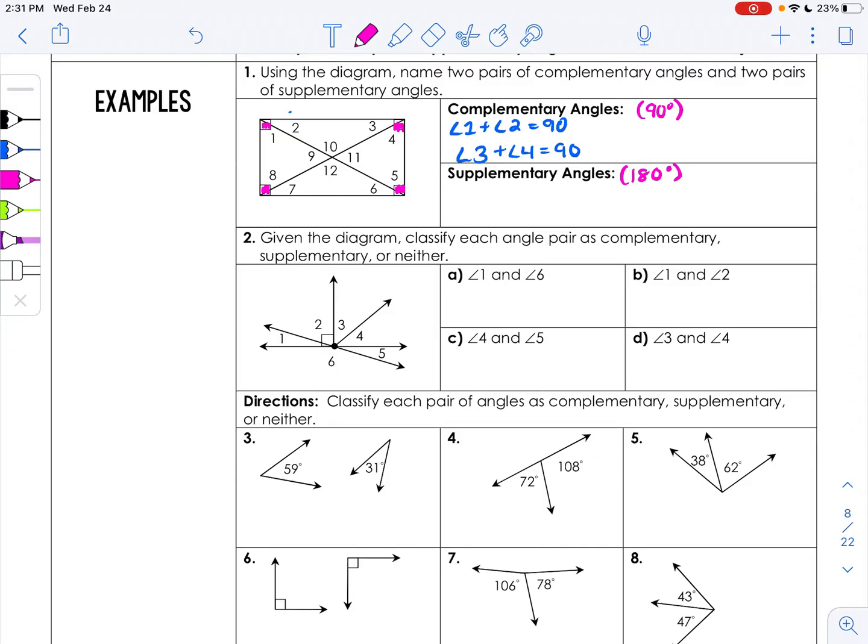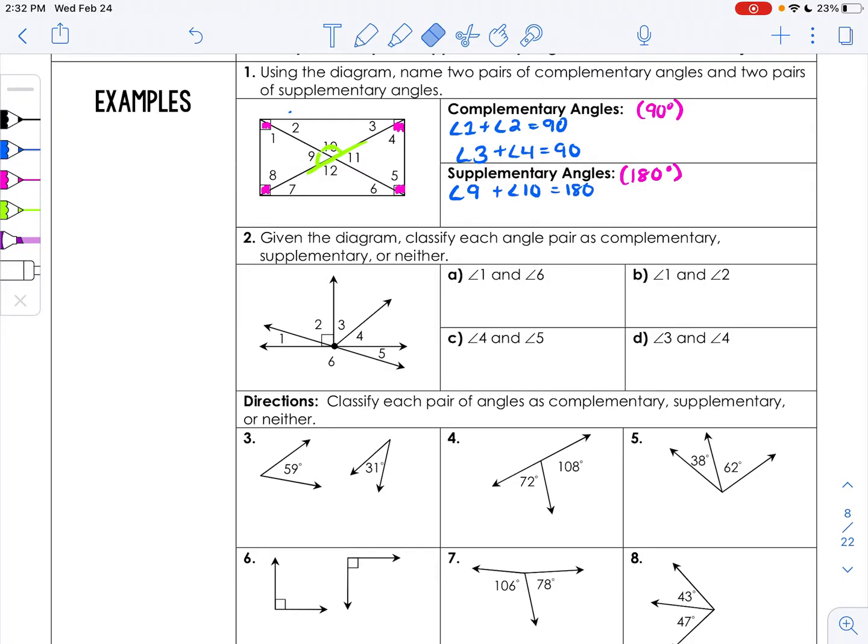So taking a look at your diagram, angle 9, if we draw our arc, and angle 10, if we draw an arc there, you can see it makes a half circle and it forms a straight angle. So we could say angle 9 plus angle 10 equals 180.